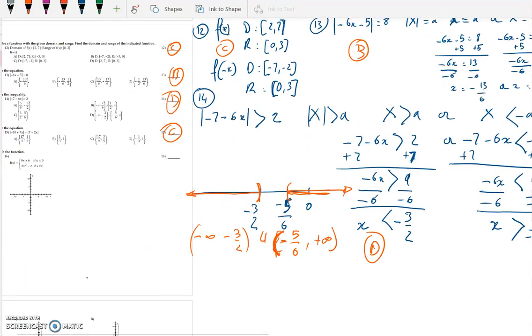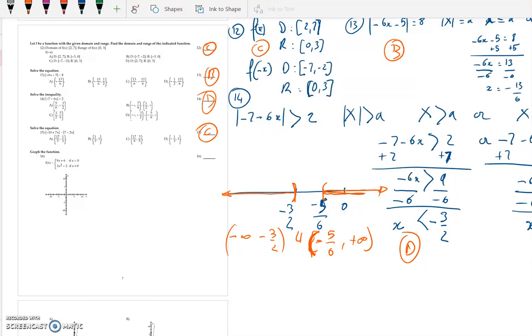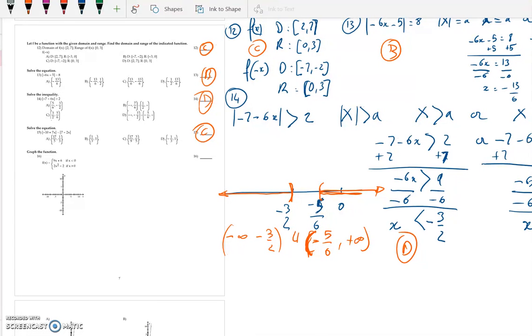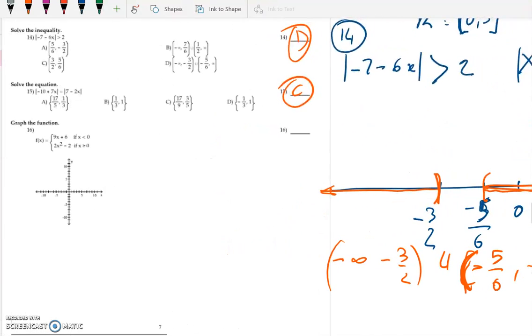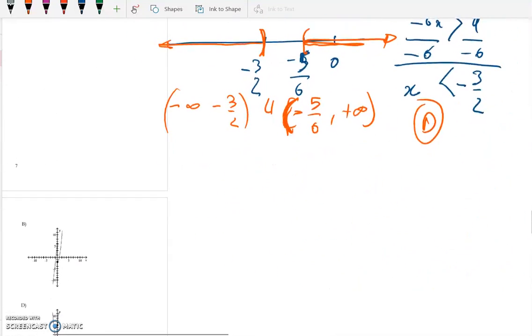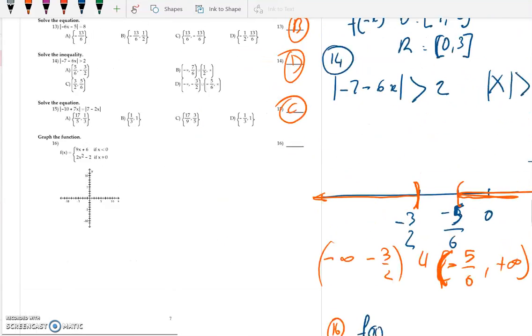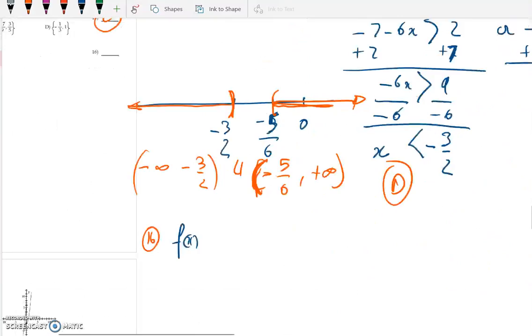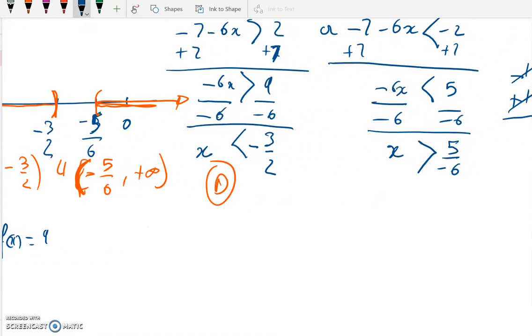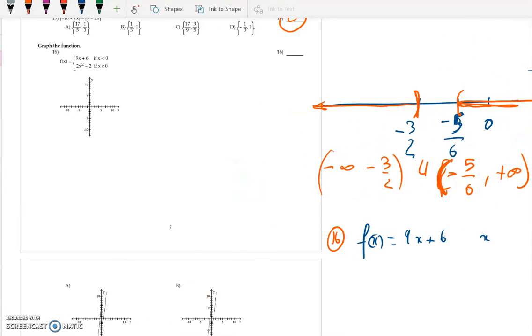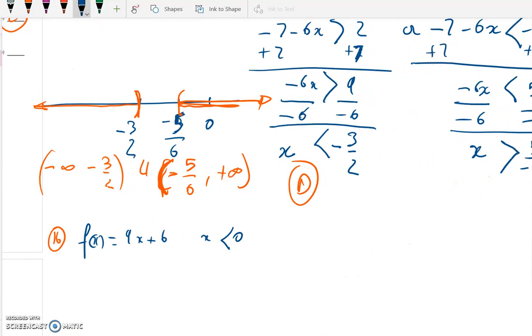Number 16, graph the functions. So if I want to graph these two functions, I need to understand that I have two. Let me rewrite that below right here. On this problem number 16, what do we get? We get the function f of x equal 9x plus 6, with a constraint saying that x has to be strictly negative.